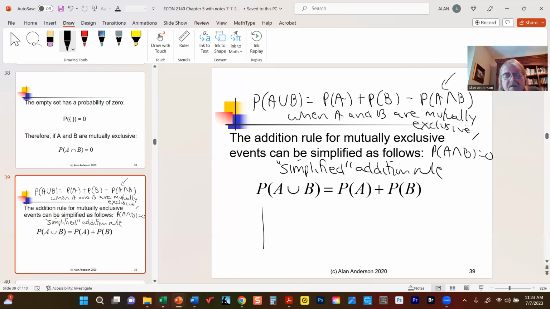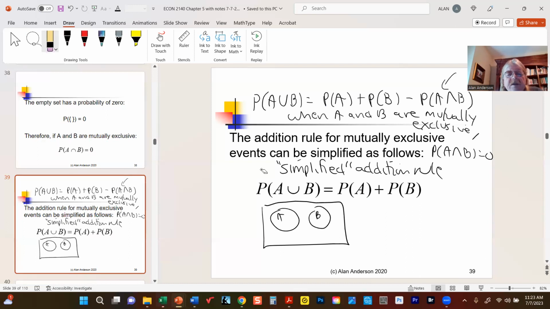And that would be illustrated on a Venn diagram like this. Here's your A, here's your B. And the union between the two would be obtained by simply combining these. Oh, that's nice. And of course, if you use the general rule, it wouldn't really matter because you'd just be subtracting 0 at the end anyway.